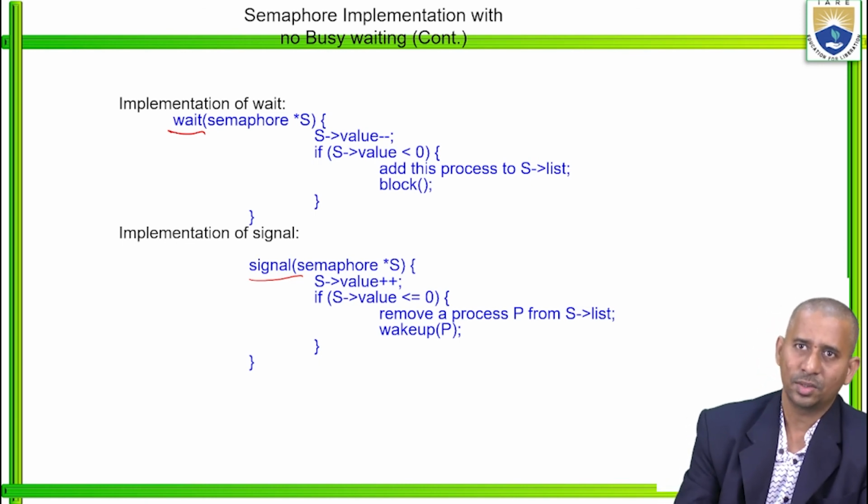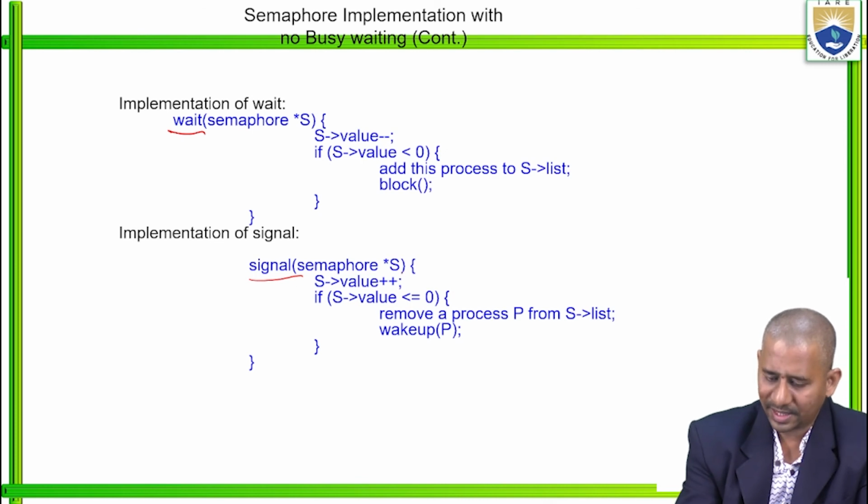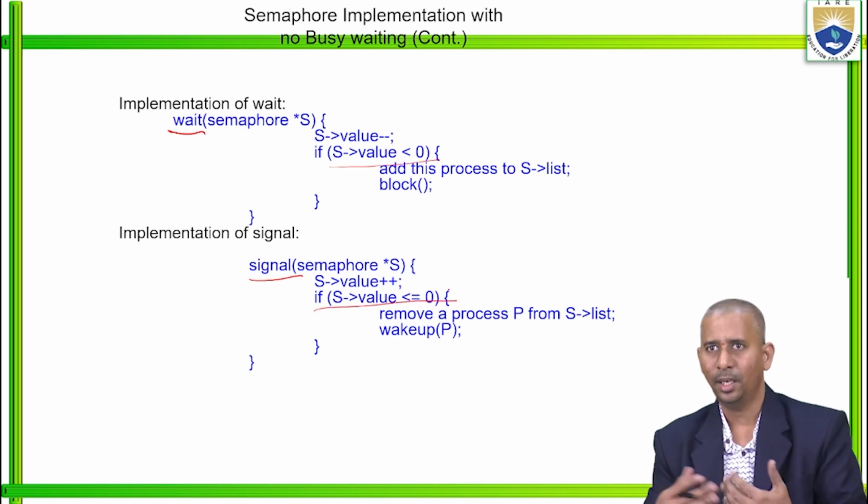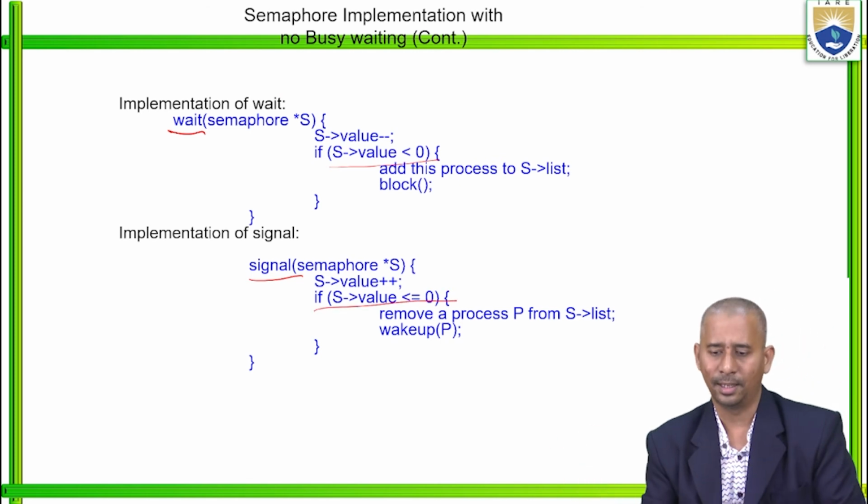Similarly, signal is the reverse of wait. In signal of semaphore S, the S value is incremented, and if the S value is less than or equal to 0, then we remove a process from that particular list.